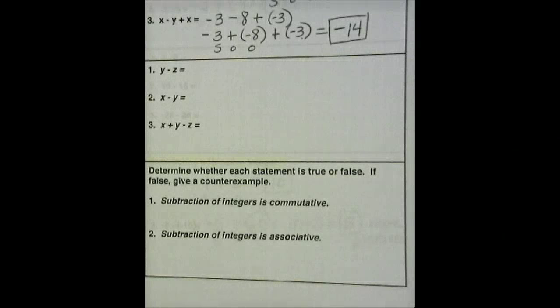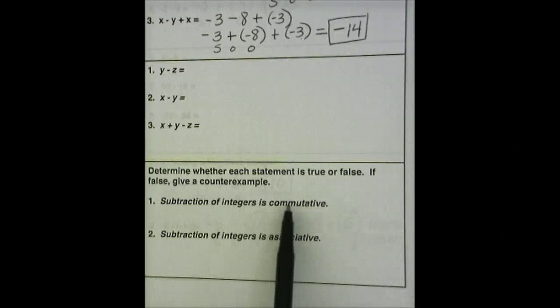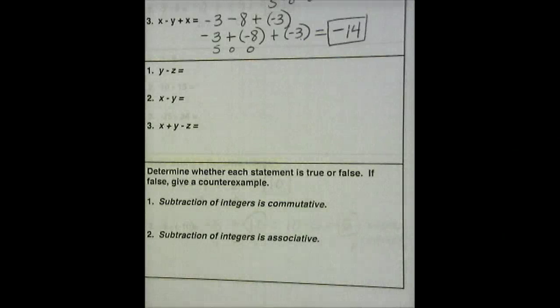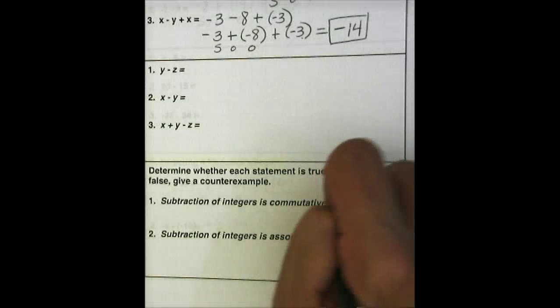Okay, at the bottom we want to determine whether each statement is true or false, and if it's false we want to give a counterexample. So we want to know, is subtraction of integers commutative? Remember that commutative means that I can switch the order of the numbers and the answer will still be the same. So with subtraction of integers, this is going to be false.